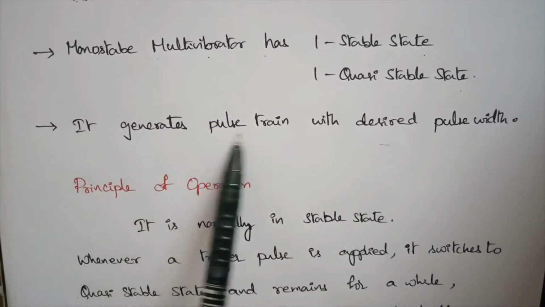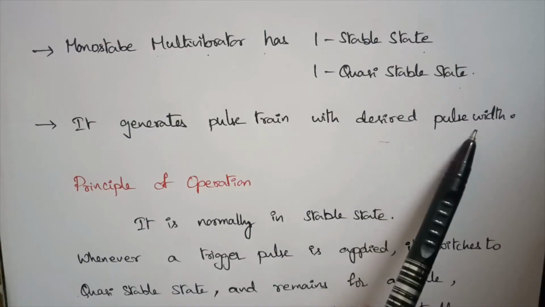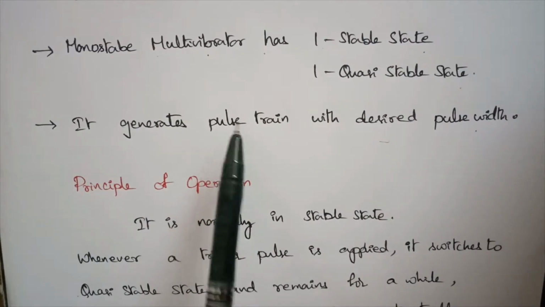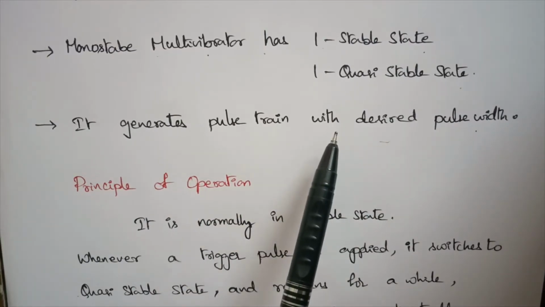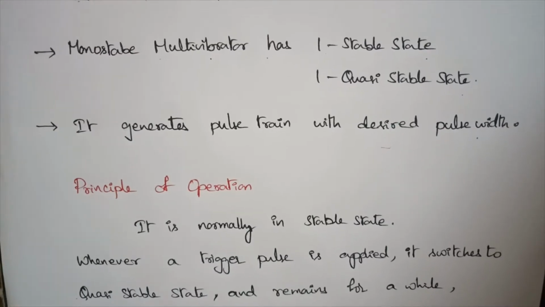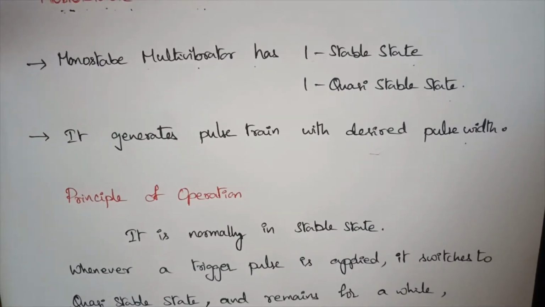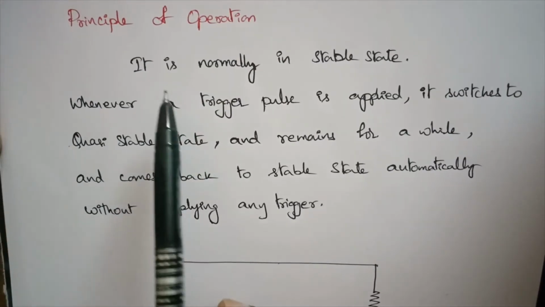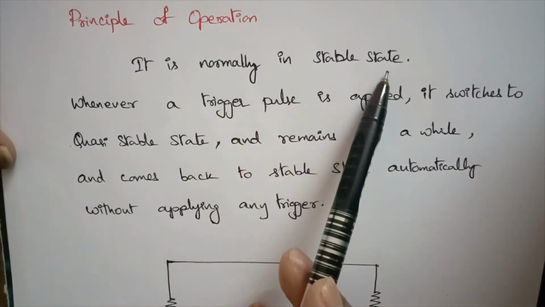It generates a pulse train with desired pulse width. How? Let us see in the circuit operation. First, the principle of operation. Initially it is in the stable state.